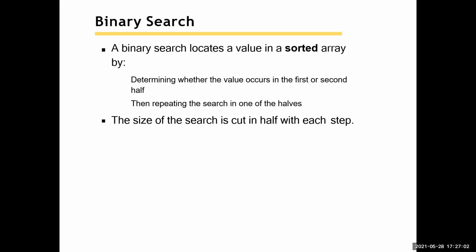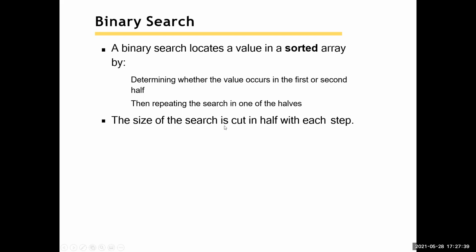So there's the cost of sorting and the cost of insertion and deletion, because whenever you insert something into a sorted array, you have to move things around. Whenever you delete something from a sorted array, you have to move things around. So the cost of binary search is having a sorted array and having issues with insertion and deletion. But then we can do a much faster search.